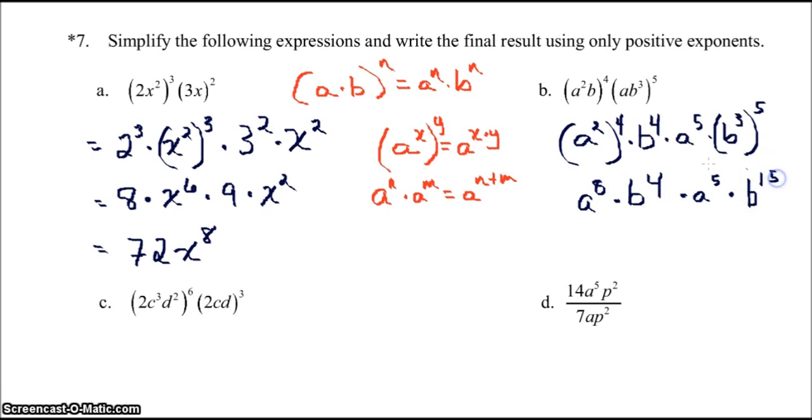Hope you can see I'm just using a combination of this rule and this rule. And then all these are multiplied together, so a to the 8th times a to the 5th, we can use this rule, and that's a to the 13th times b to the 19th.